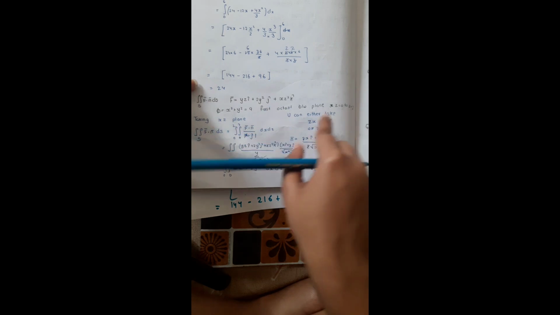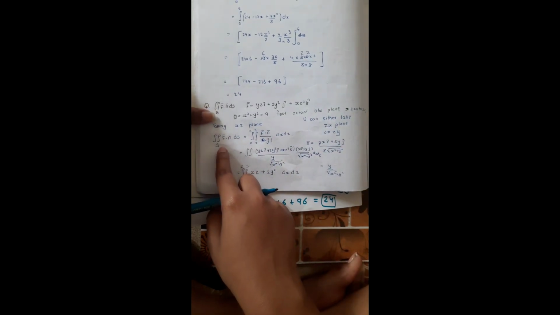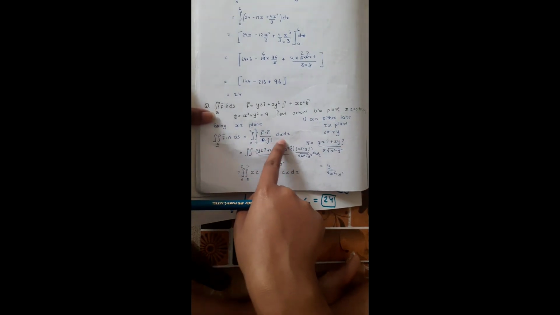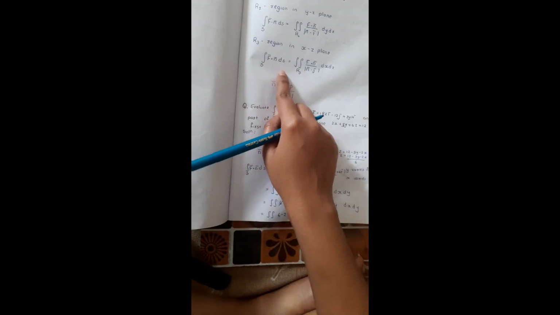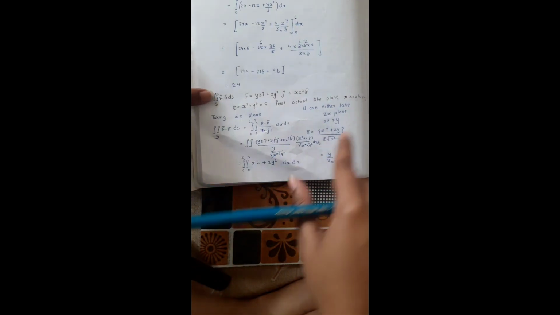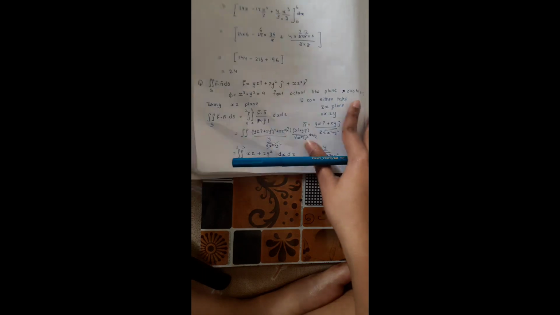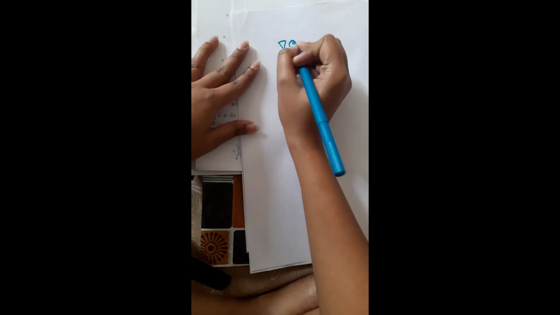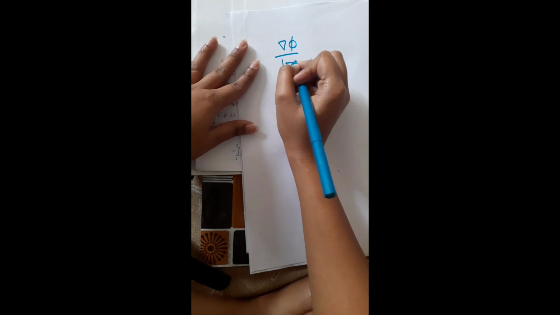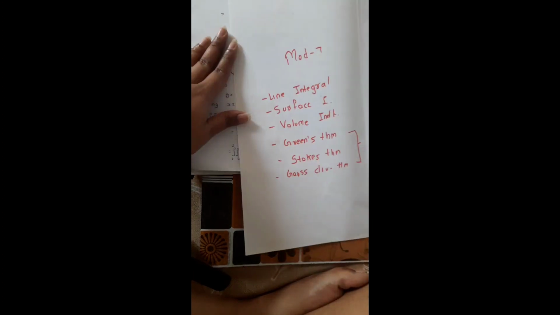Okay, so now as we are using xz plane, the formula for xz plane is this. Okay, so n bar, how can we find n bar? N bar is nothing but del phi upon mod of del phi, I'll explain you that. Okay, what is phi in this case?